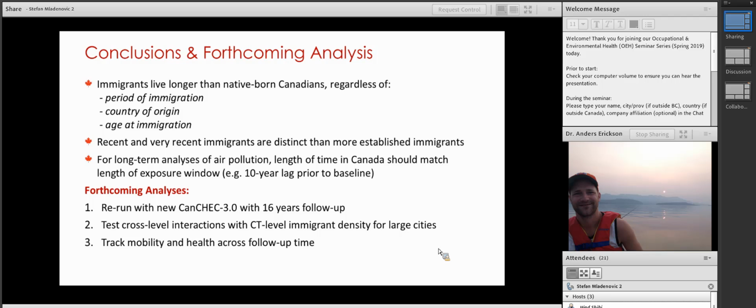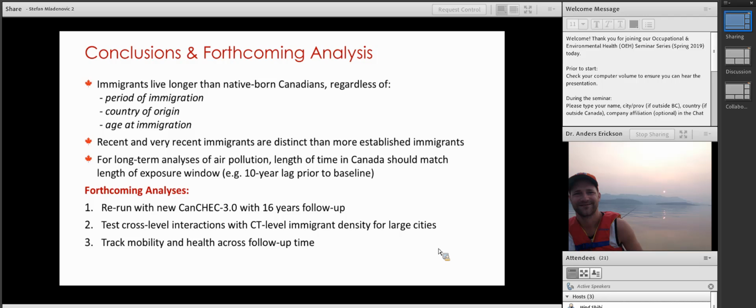Some forthcoming analyses: I'm going to rerun these using the new CanCheck 3.0. It has 16 years of follow-up, so hopefully with these extra 5 years of follow-up, we can see if the results hold.